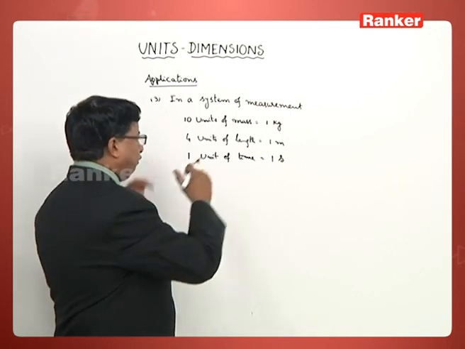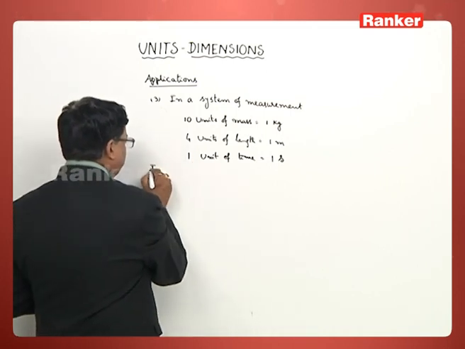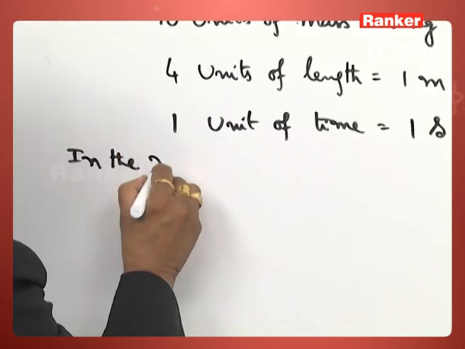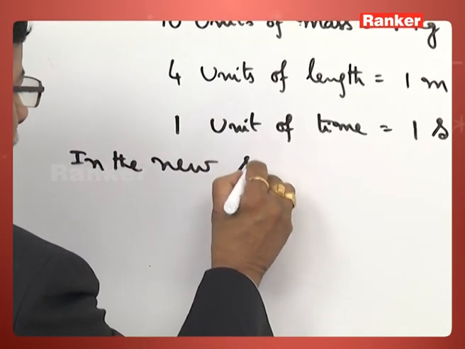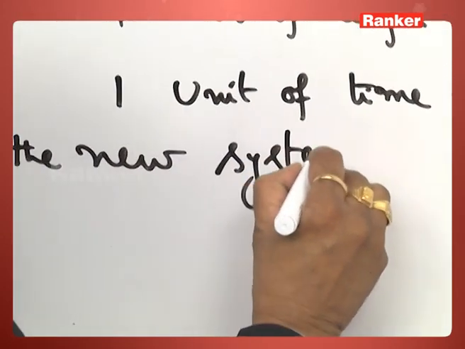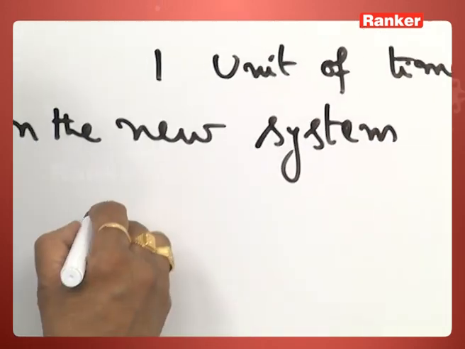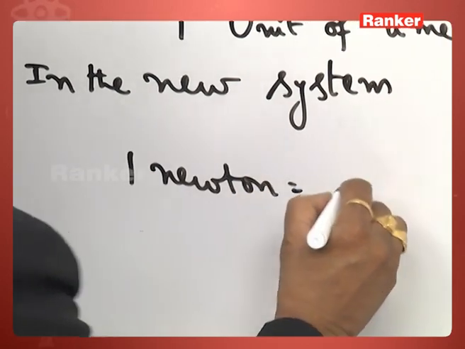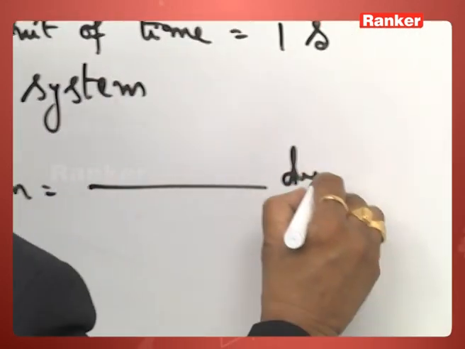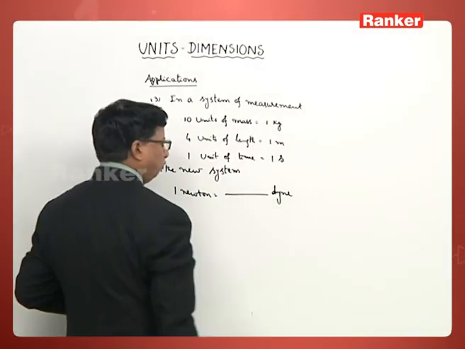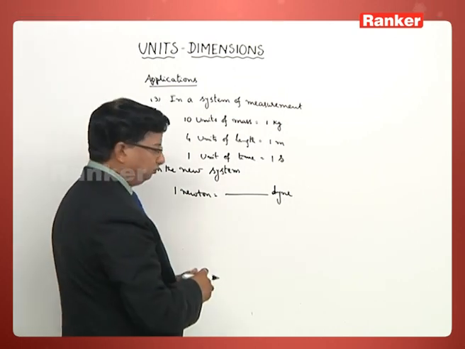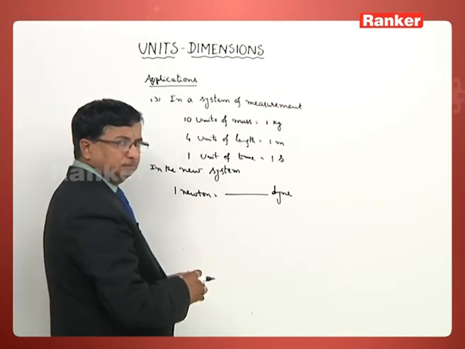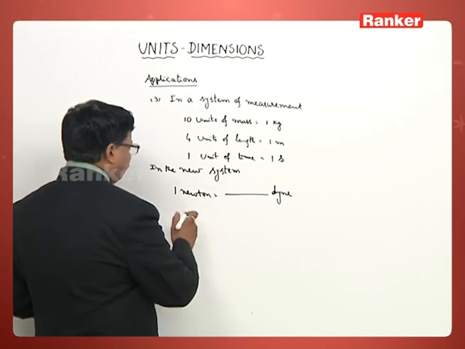Now the question is, in the new system, whatever system has been adopted now, 1 Newton is equal to how many dynes? That is the question. So let us take this one first of all.